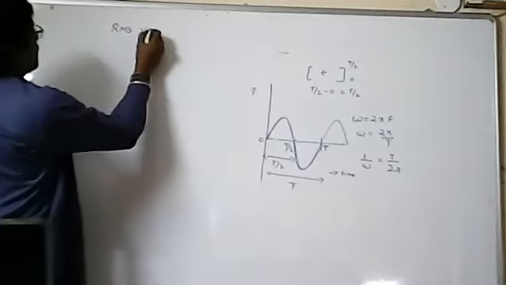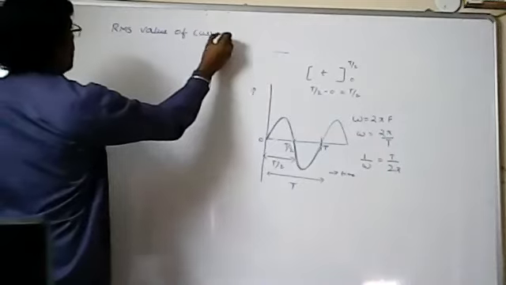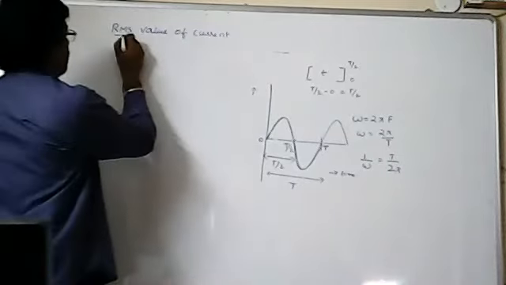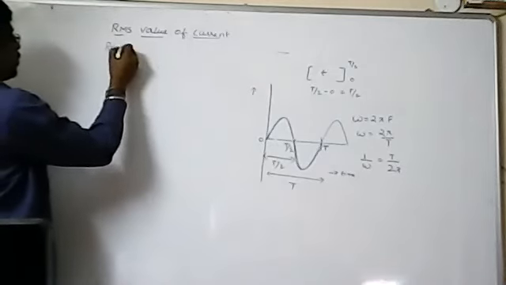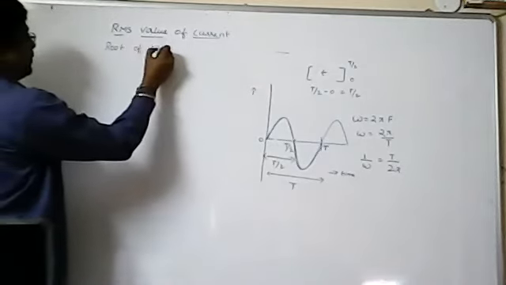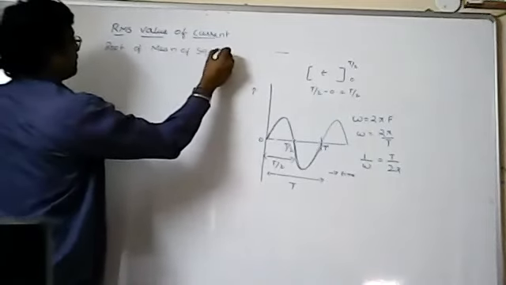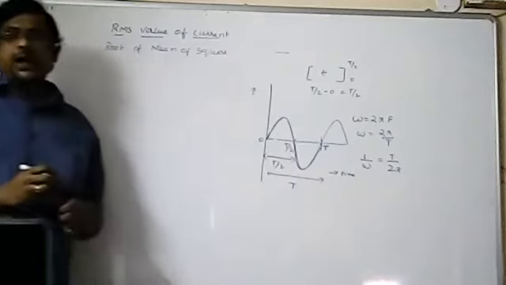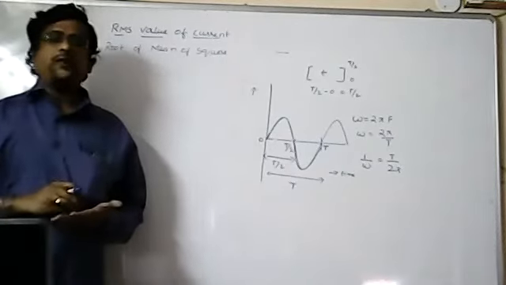Now, RMS value of current. RMS means root mean square of a current.